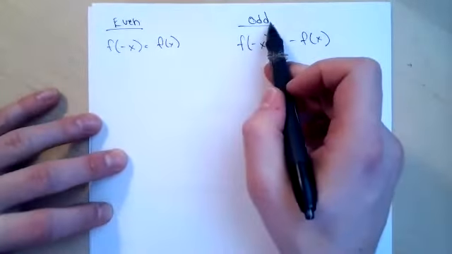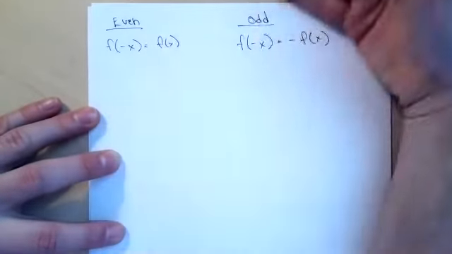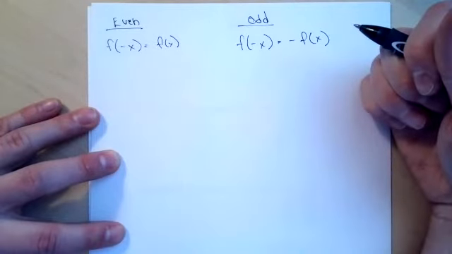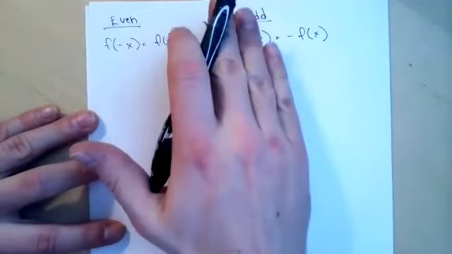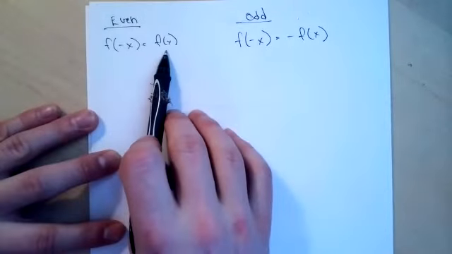Odd functions, we say, are symmetric about the origin, meaning if I flip across the x-axis and then flip across the y-axis, we get the same thing. Even functions, if I just flip across the y-axis, we get the same function.